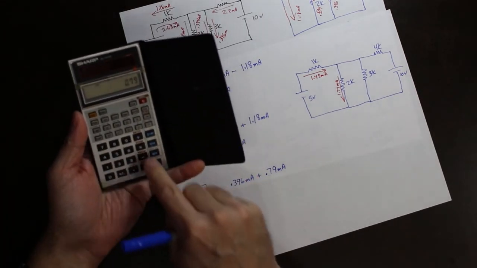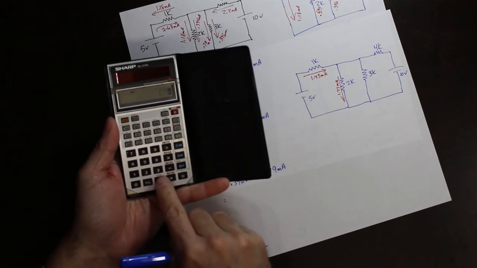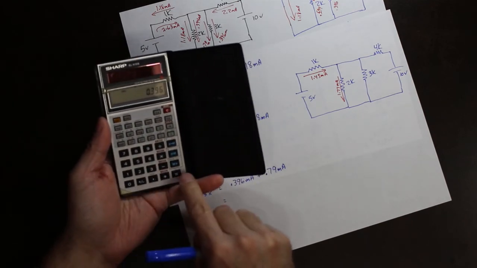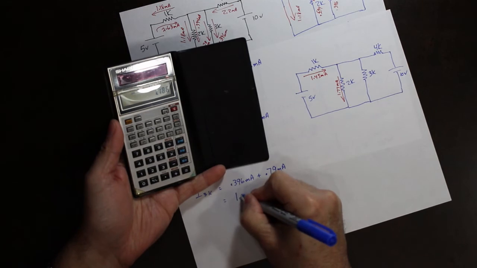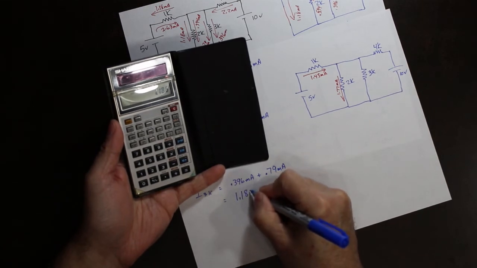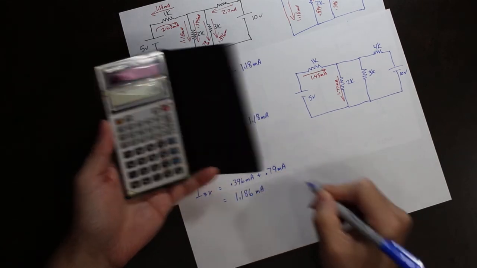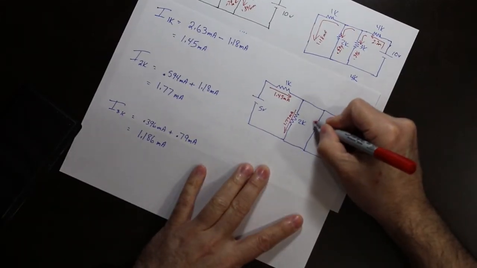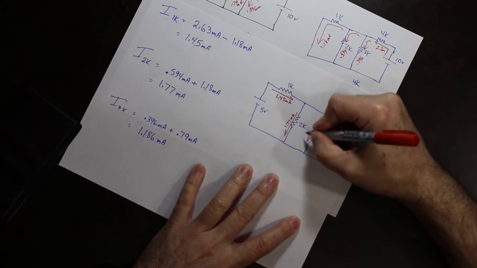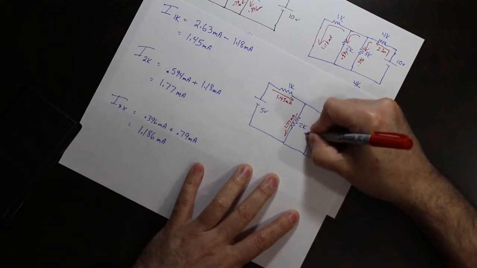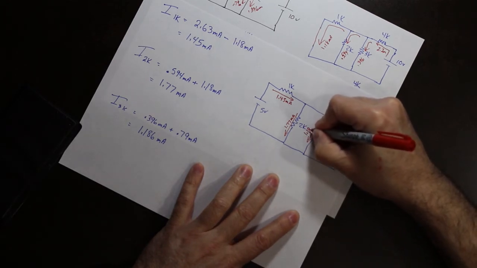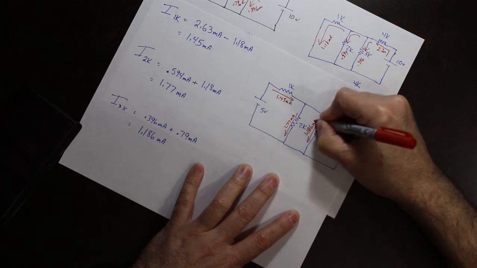So 0.79 plus 0.396, 1.186 milliamps. So again, since both of them are going in this direction, they are added together and they get 1.186 milliamps.